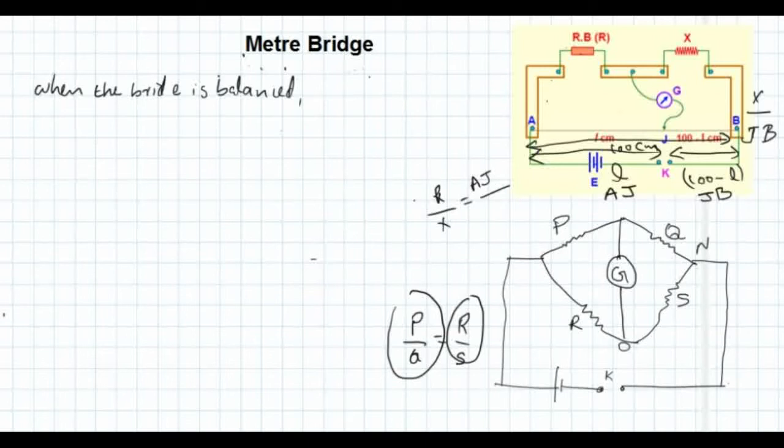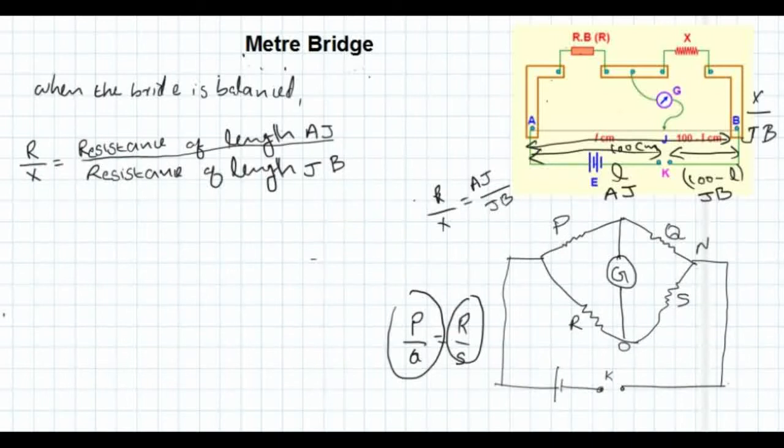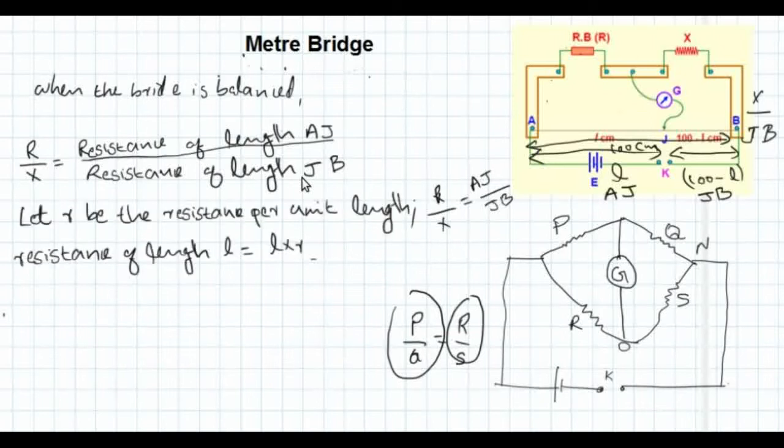So this way we can understand the balancing condition of the meter bridge. In short, when the meter bridge is balanced, R by X will be equal to the resistance of the length AJ divided by the resistance of the length JB.